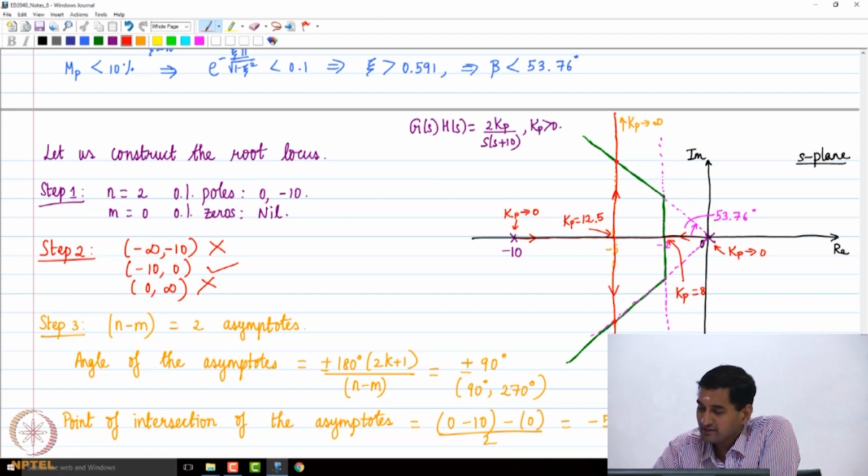So how do I calculate this point? I can use the angle. Can you tell me what is the coordinate? Of course, the real part is minus 5. What is going to be the imaginary part? It's going to be 5 tan 53.76.